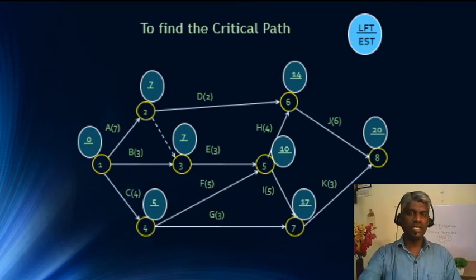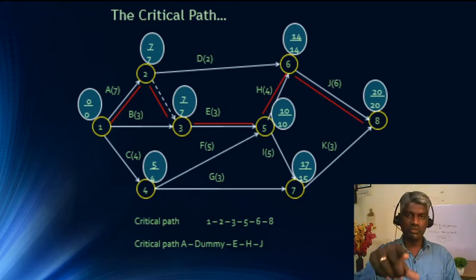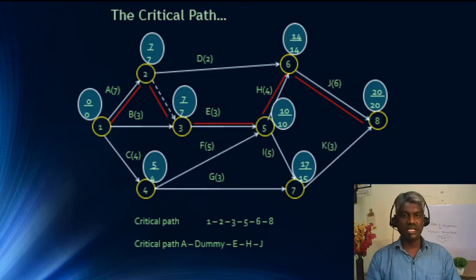Now when we look at the critical nodes, the latest start time and earliest start time are equal in some nodes, like node 1, node 2, node 3, node 5, node 6 and node 8. So the activities passing through these nodes 1, 2, 3, 5, 6, 8 are the critical activities.